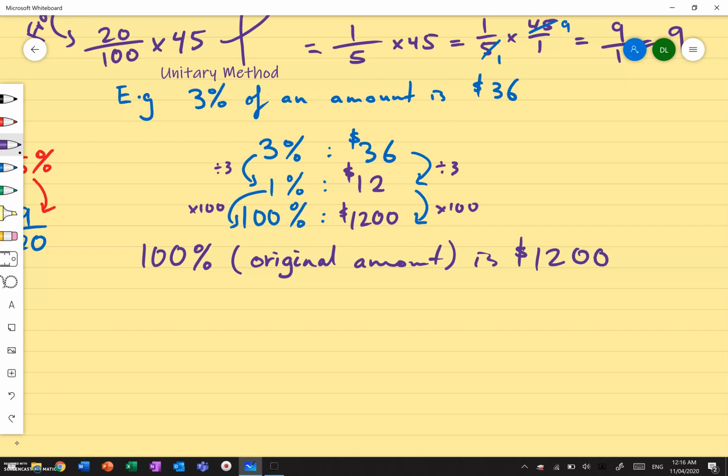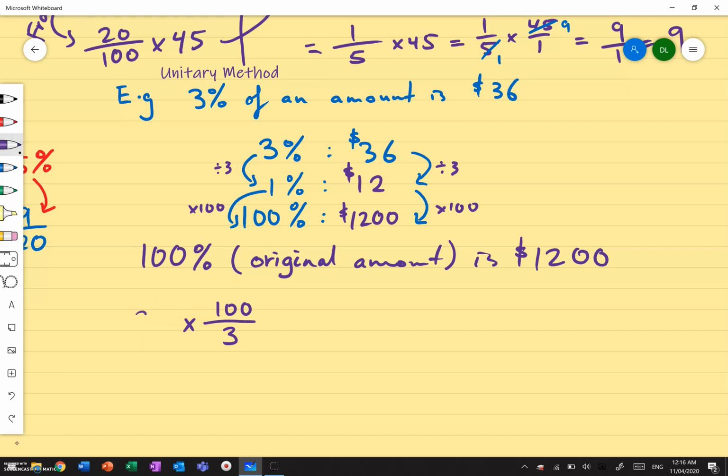If you wanted to do it a different way, you can, instead of dividing by 3, times it by 100 over 3. So I say 3%, and I want to go to 100, so it's times by 100 over 3.